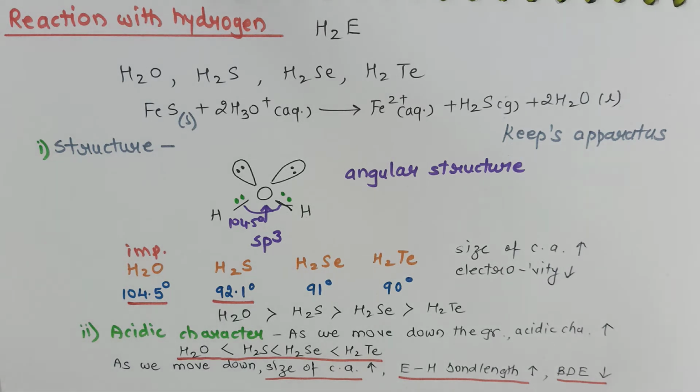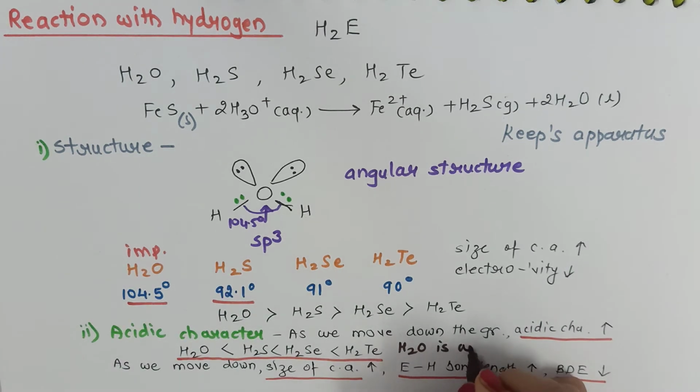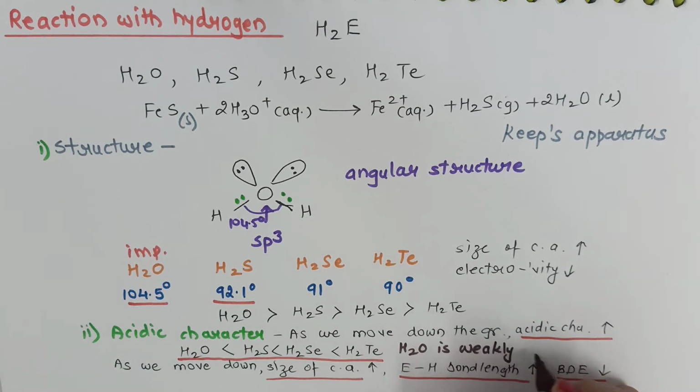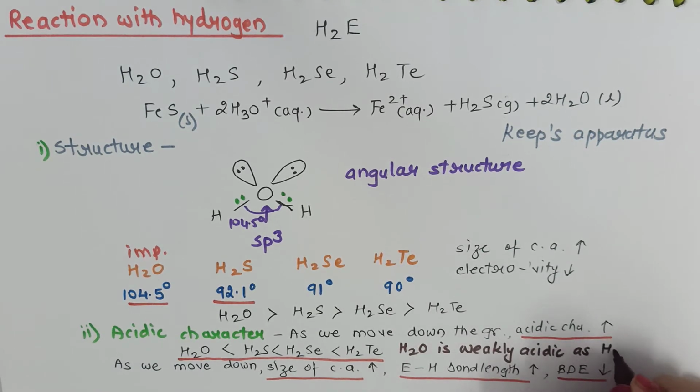We know the substances which can release hydrogen are acidic in character. Therefore, as we move down the group, the acidic character increases. So here there can be a question: why is H2O weakly acidic as compared to H2S?